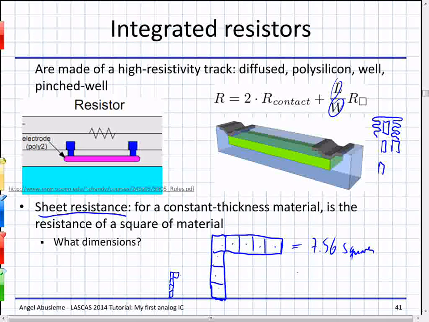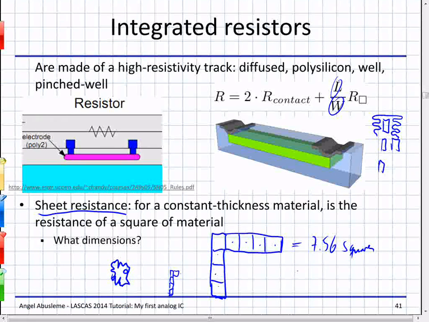Also, when you make small squares, you might end with some low precision problem, because these squares are very small, and you can't count on the sheet resistance for very small squares, because a small square actually looks like this, and you don't know the resistance of that thing. So if you make it bigger, you get better precision. We will talk about that later if we have time.